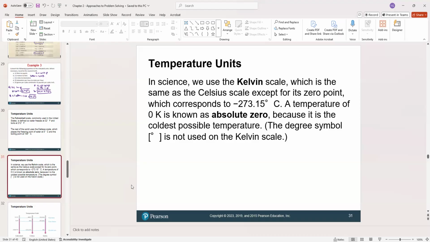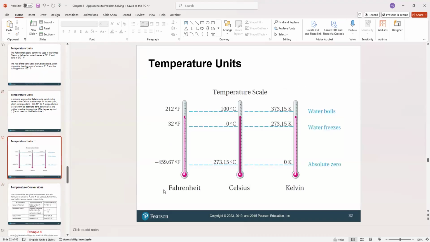I believe you see those here, the units, the three of them: Fahrenheit, Celsius, Kelvin. So water freezes at 32 degrees Fahrenheit or 0 degrees Celsius or 273.15 Kelvin.